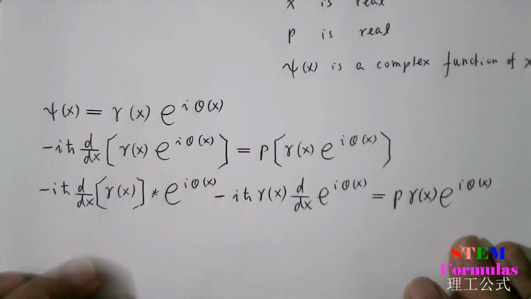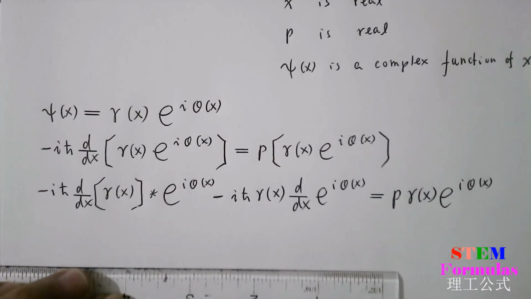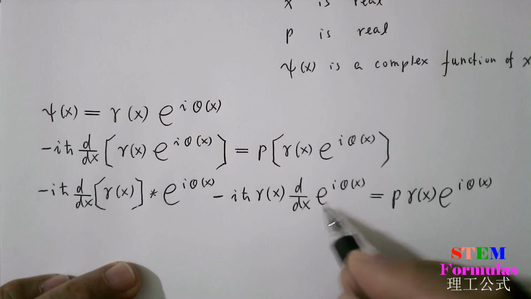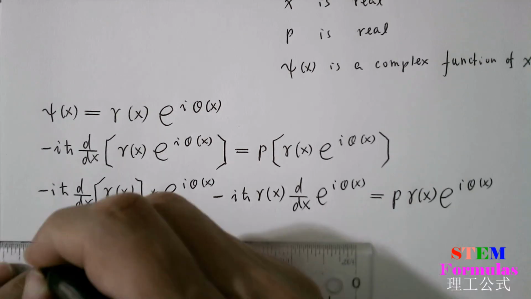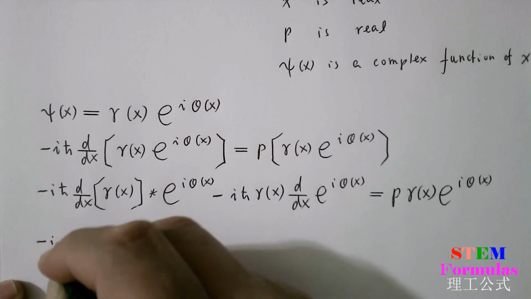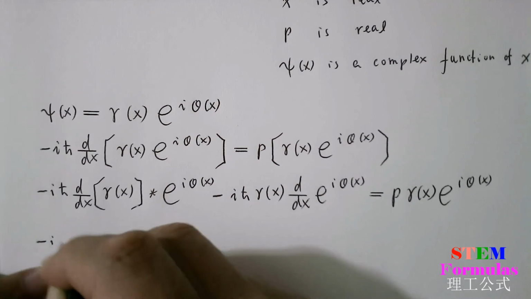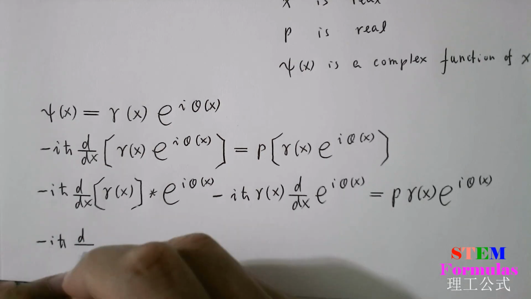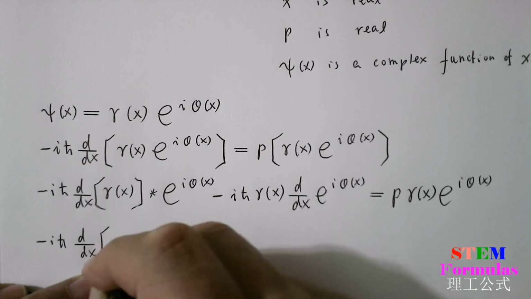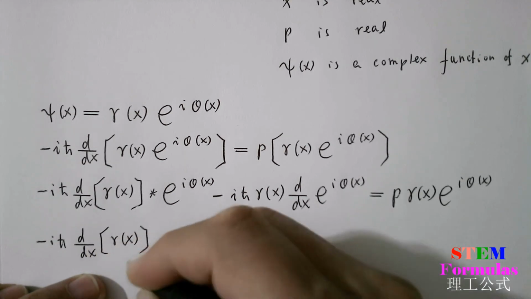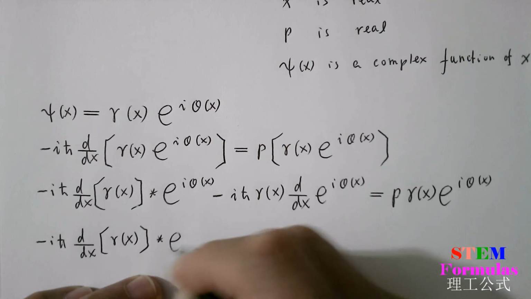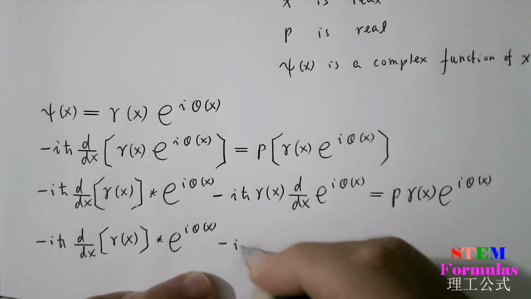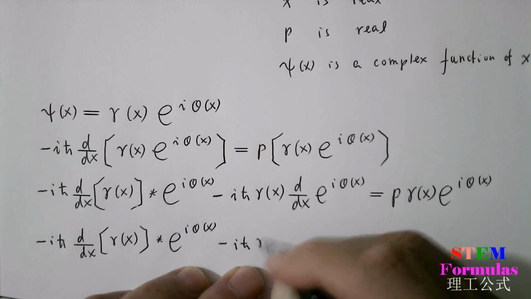So on the left side, this term, we write down here minus i h bar d/dx r of x times e to the i theta of x, minus i h bar r of x.